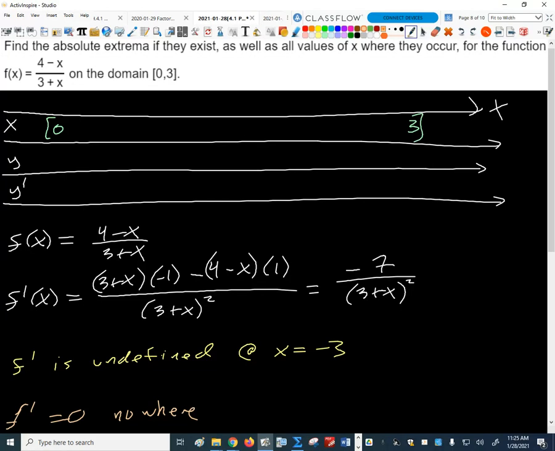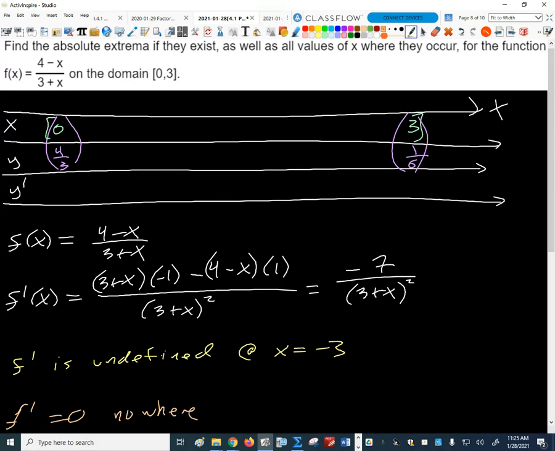Then the only places we have to check the outputs are at the endpoints. If I plug 0 into my function, I'm going to get 4/3. And if I plug 3 into my function, I'm going to get 1/6. So at what x value is my absolute minimum?